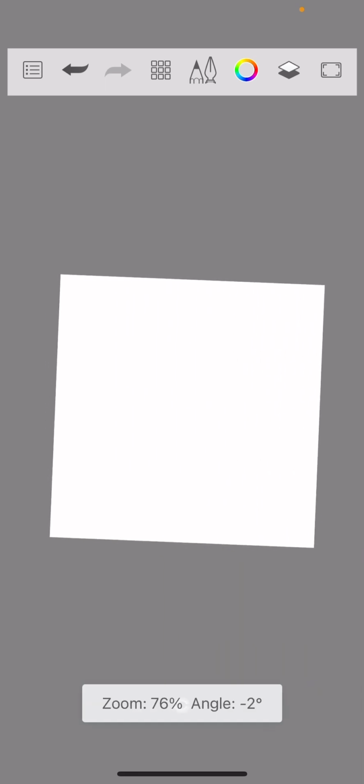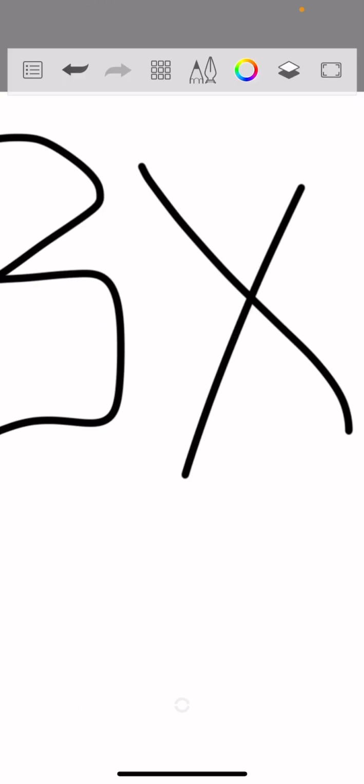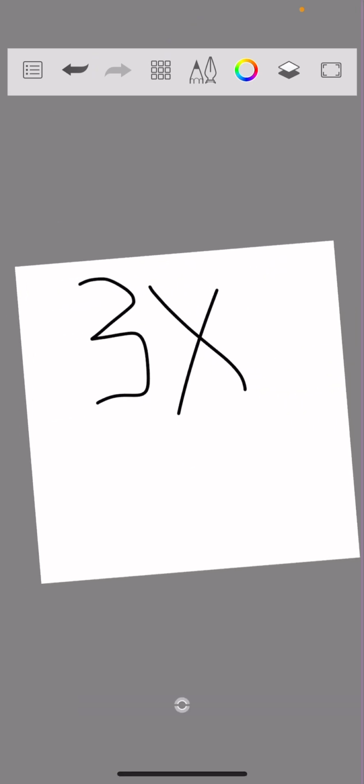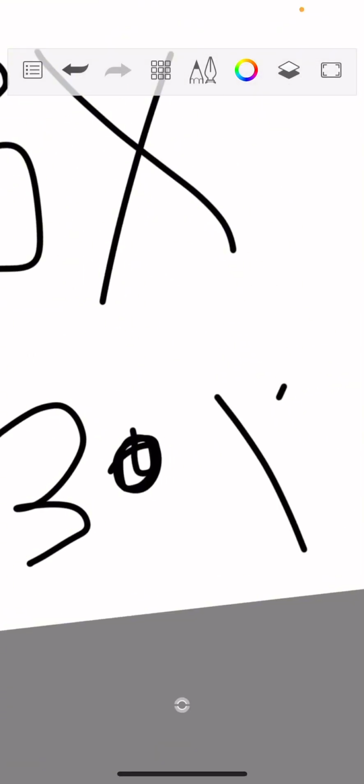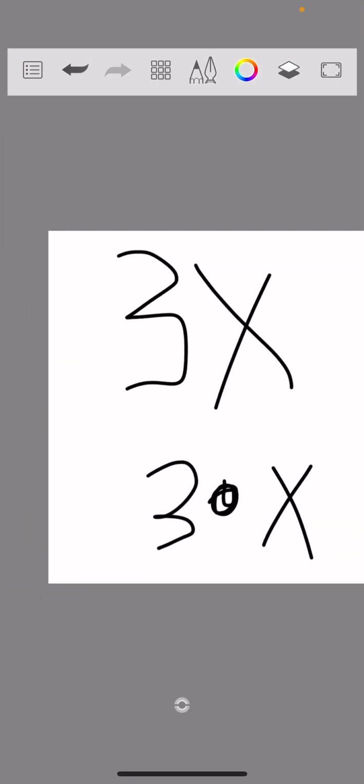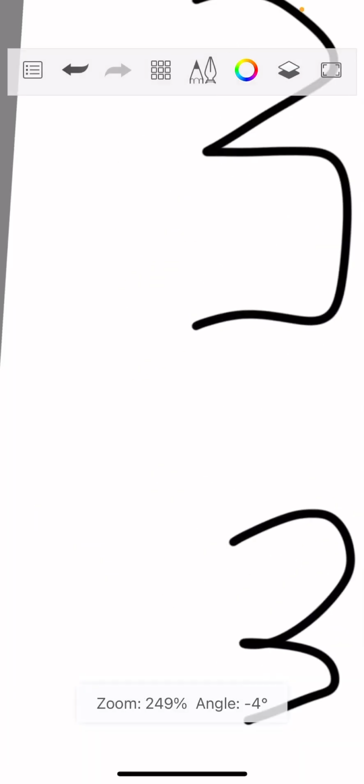That's the basics. There's also the implement of multiplication. So 3x basically means 3 times x. Again, x is the variable, so it changes.